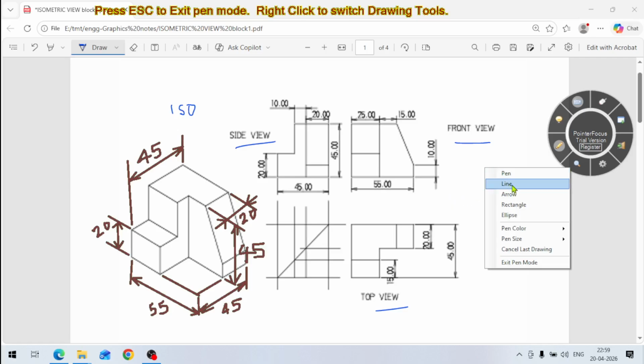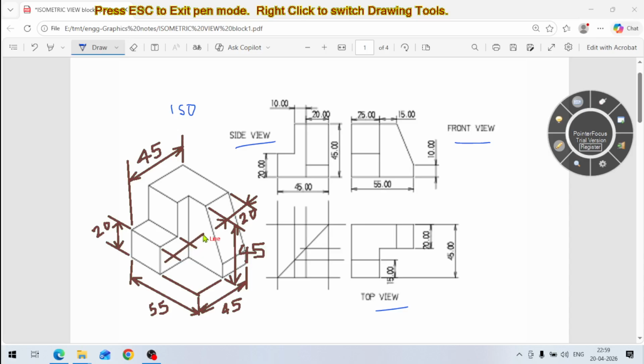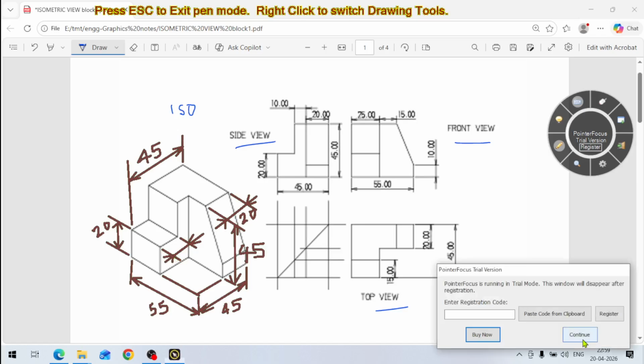So what I can do here is draw one line parallel to this like this, and one line parallel to this here, and here a line which is parallel to these lines, and we have to draw the arrows here like this.